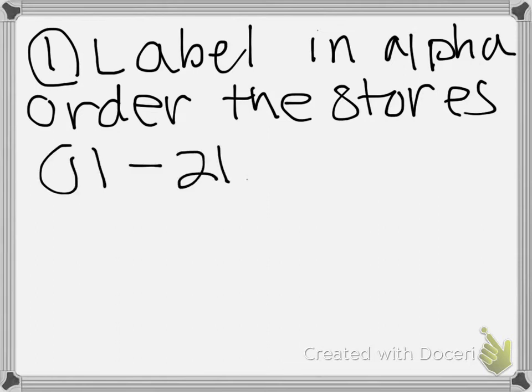Now, it is vital that you have the same number of digits for the first one as the last one. So if we had 210 stores, it would be 001 to 210.